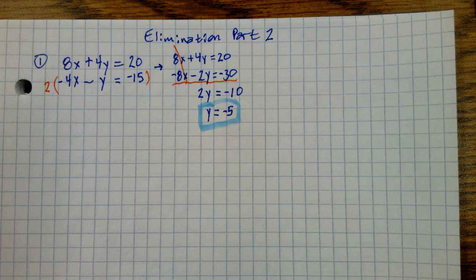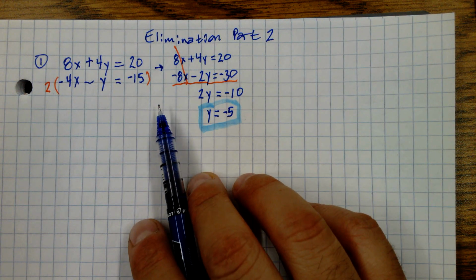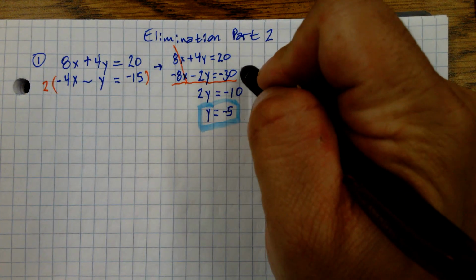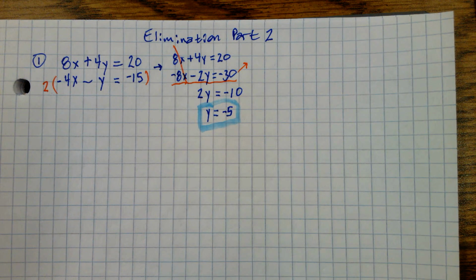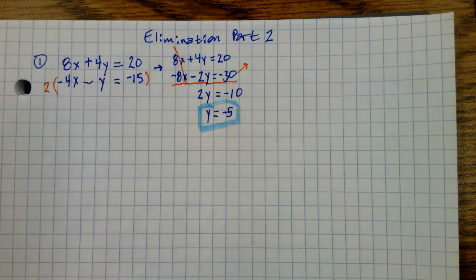Okay, so now we have to pick an equation, any one of these, to do that. Even our new one. Let's pick this new equation. Okay, and what I'm going to do on that equation is I'm going to replace y with negative 5. So let's do that.